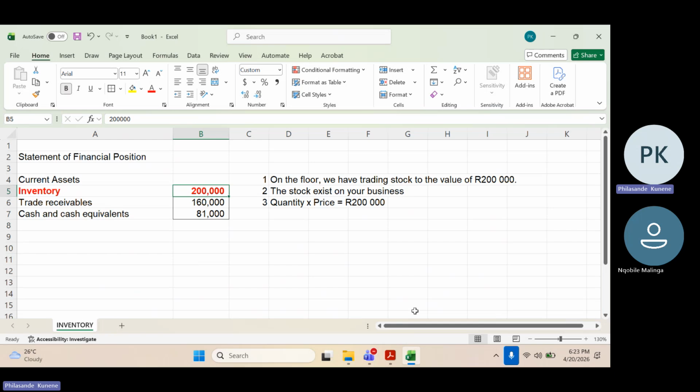That is the definition I'm expecting you to provide. You don't need to cram or memorize it, you just need to understand. A perpetual inventory system is a computerized inventory system that keeps track of the movement of inventory daily.